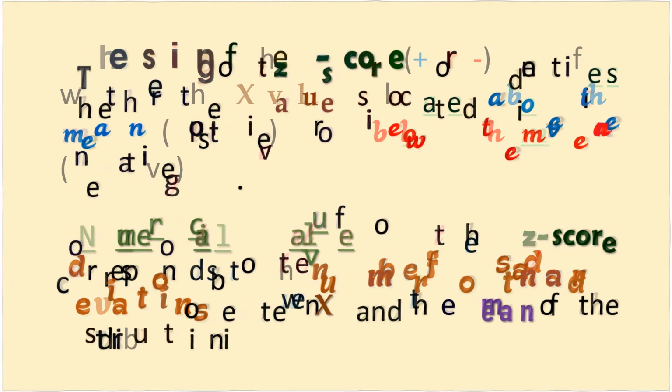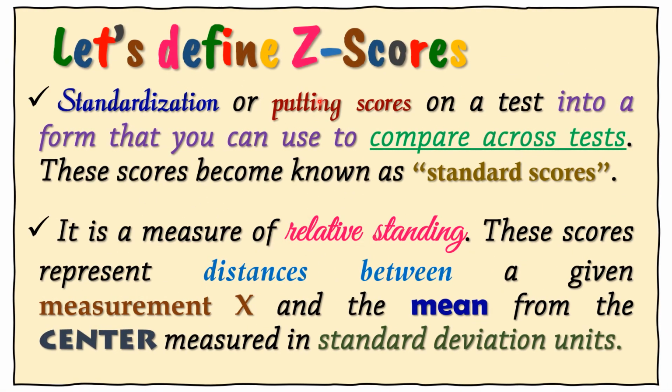Now, let's define z-scores. Z-score is the process of standardization, or just putting scores on a test into a form which we can use to compare across tests. This score is also known as standard score. It is a measure of relative standing. What is relative standing? Relative standing is the position of your score in a set of data.